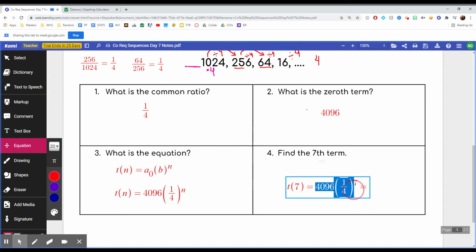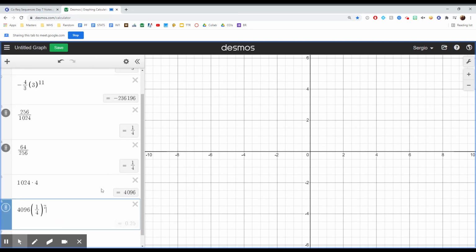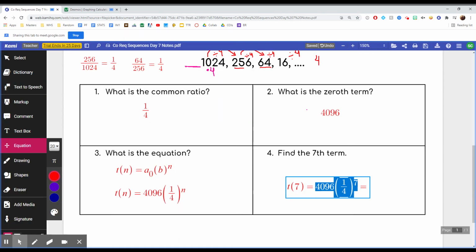And I'm going to copy this and come to my Desmos. Paste it there, and I get 0.25, which I can write that, or I can write the fraction form, which is 1 over 4.